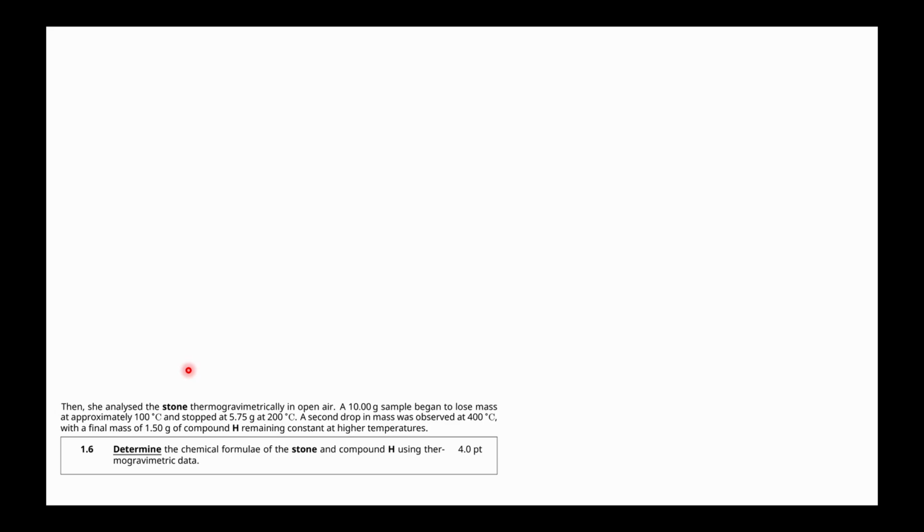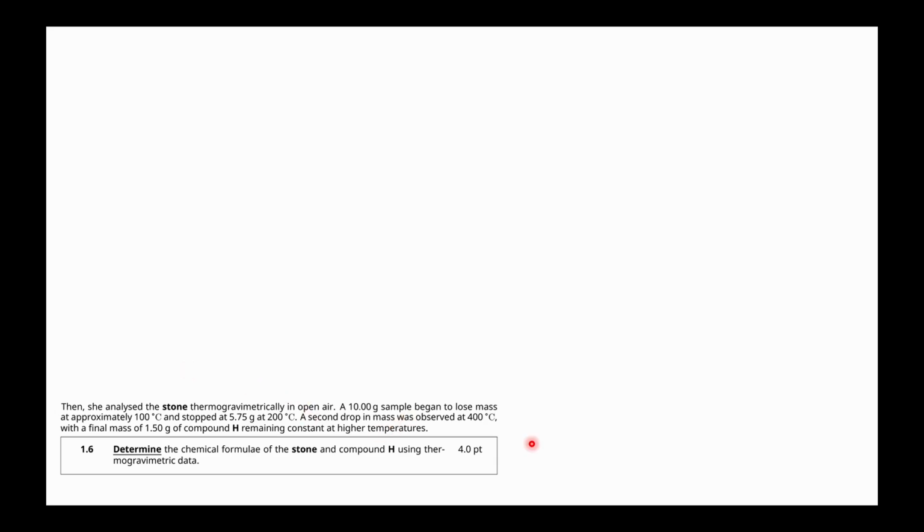So this is a fun one. She basically heated a stone, and I don't know if you'd remember by this point in the question, but it was mentioned that the stone was stoichiometric. So it has a fixed chemical formula. That's quite important here. So it's actually a compound, not a mixture, unlike the solution that we investigated in part one.